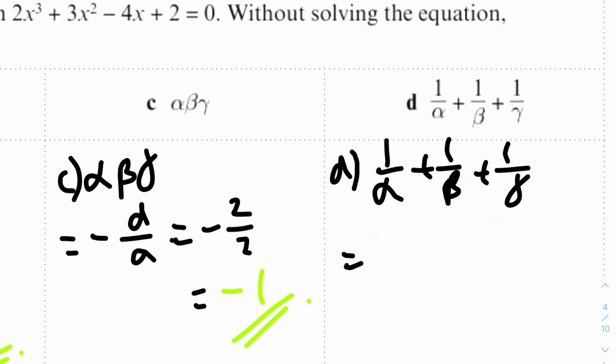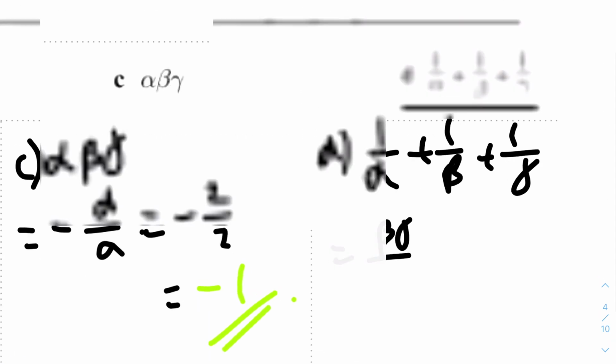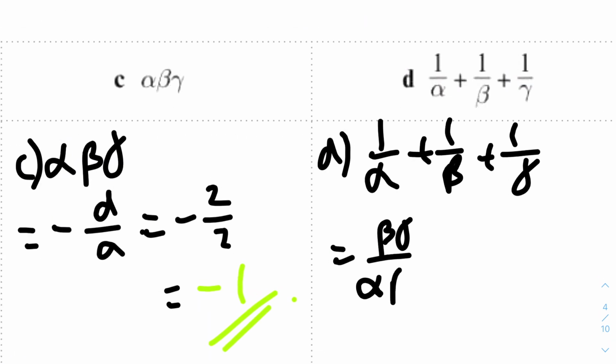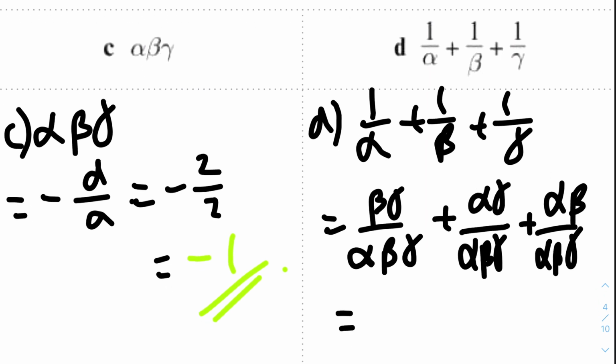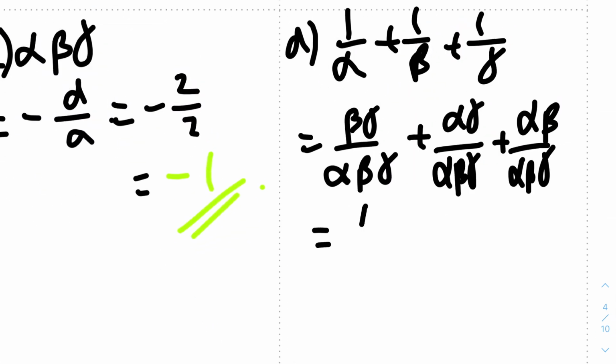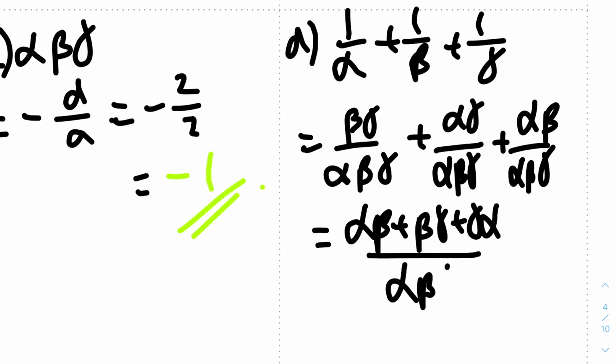So this will be beta gamma over alpha beta gamma, plus alpha gamma over alpha beta gamma, plus alpha beta over alpha beta gamma, and we can simplify it to get alpha beta plus beta gamma plus gamma alpha over alpha beta gamma.